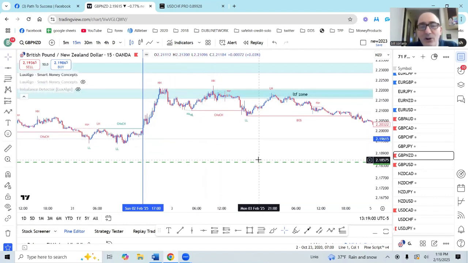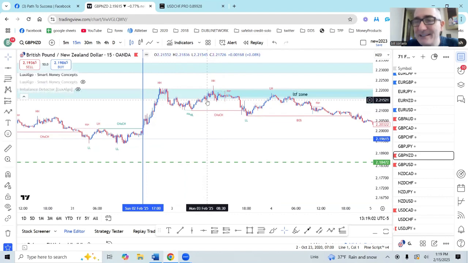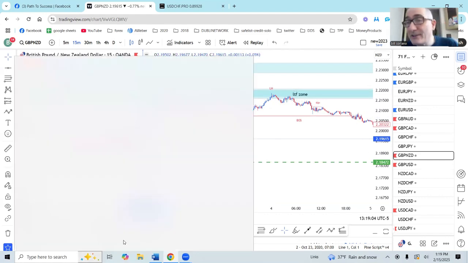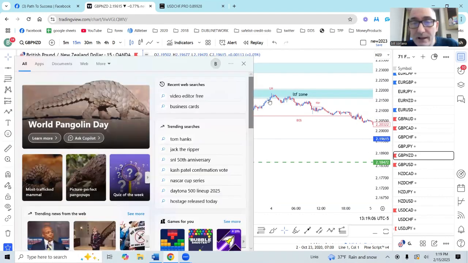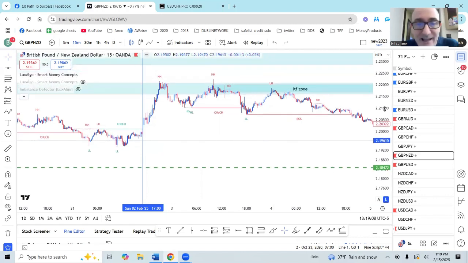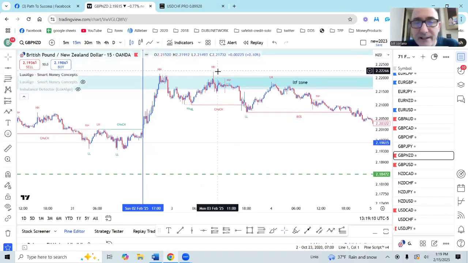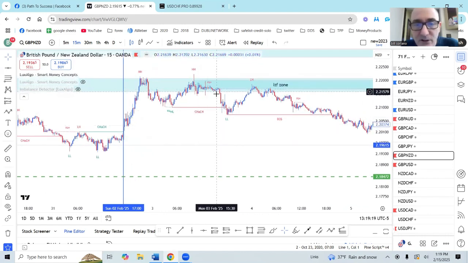But because it rejects like that, and we want it to reject from this zone, right? Because it does that, that's actually a good thing. So when I look at this, I'm going to say that that change of character is valid. And so where do I want to find a zone to trade from? Well, what do I have here?